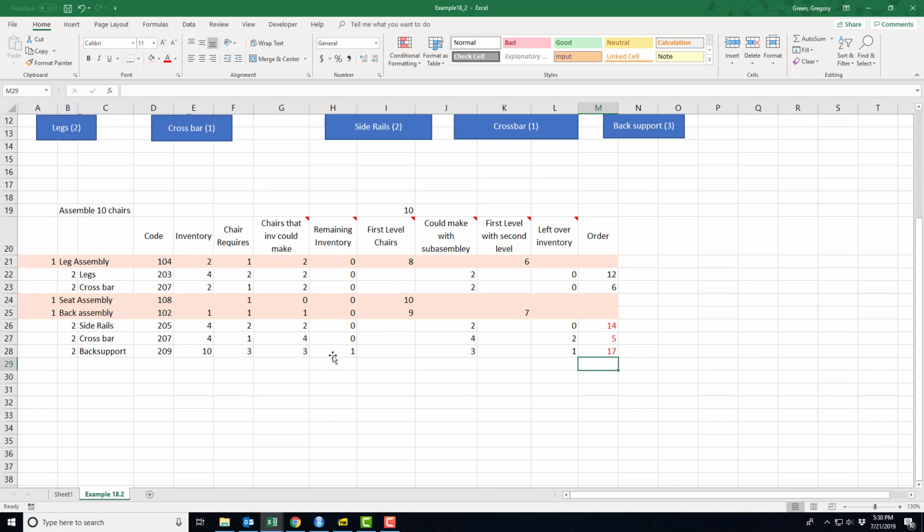Maybe I'm constructing a Rolls-Royce engine for a Boeing 787 that has thousands of parts, and I am tracking when I need to place orders and how much. And of course this is what this process is all about, getting my bill of materials together so I can meet my requirements on the demand side. Hopefully this helps.